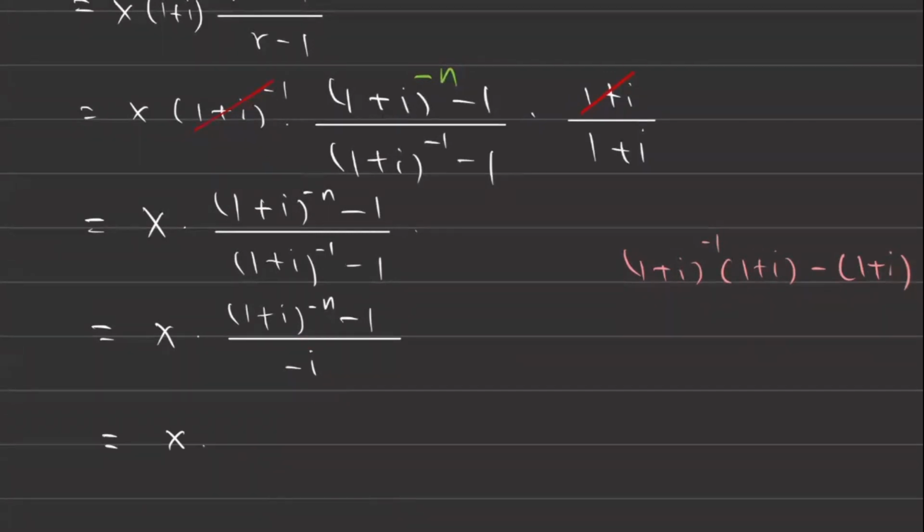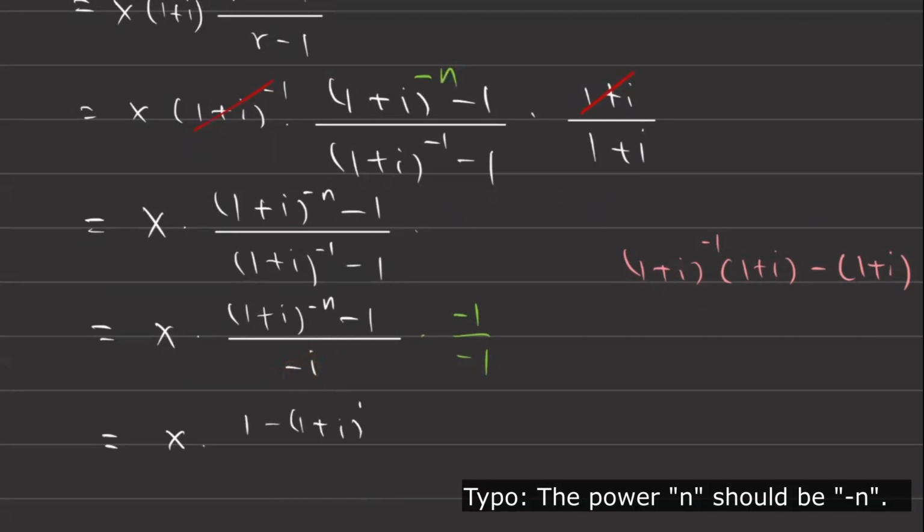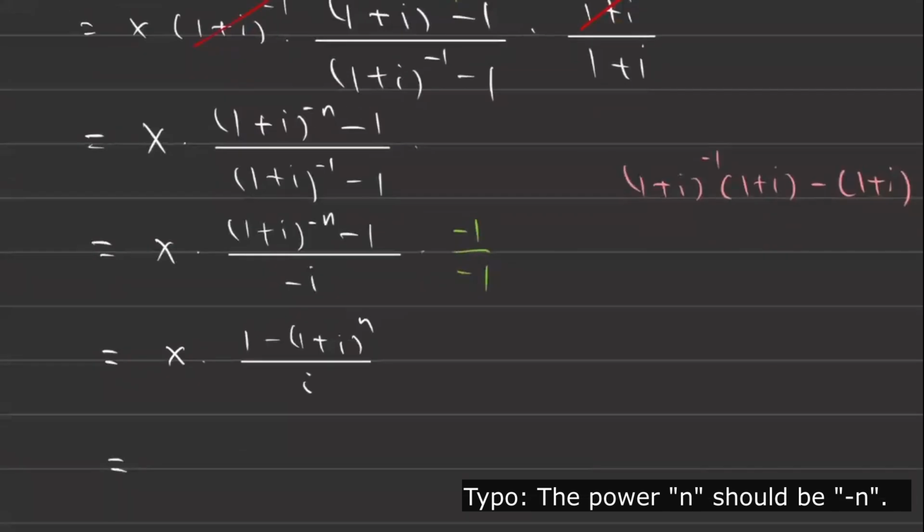And the way you get rid of that minus is you multiply by minus 1 over minus 1. So the result from there is we're left with 1 minus (1 plus I)^(minus n) over positive I.